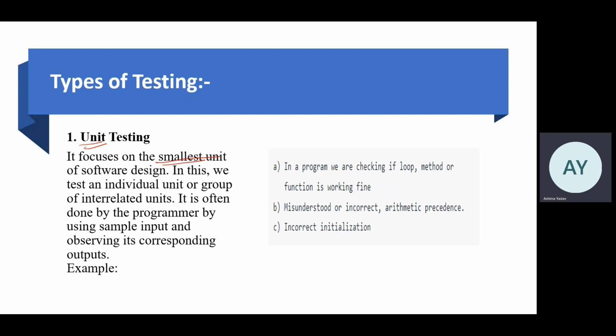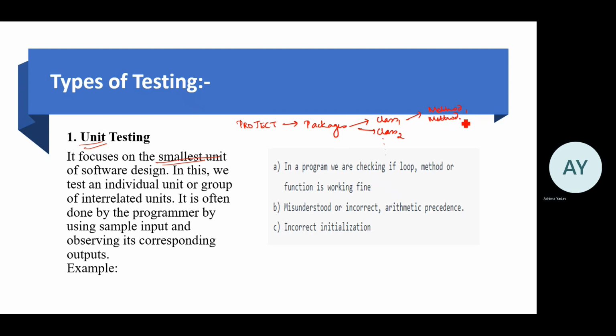Inside the packages, we have different classes, let's say class 1, class 2, and so on. Under the classes, we might have multiple methods, let's say method 1, method 2, and so on for different classes.